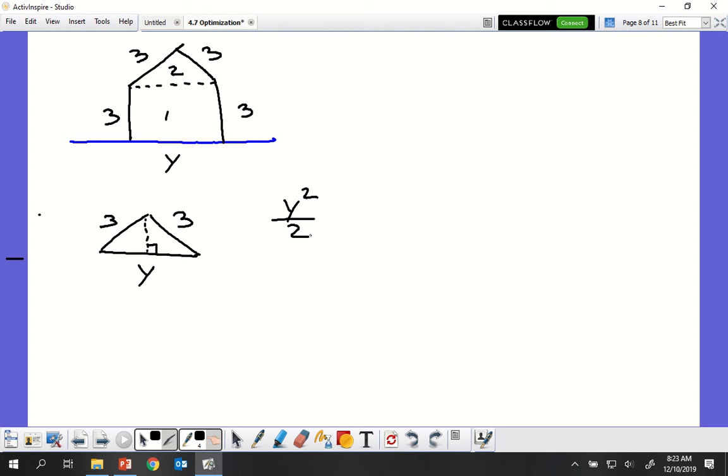Plus my height squared is equal to 3 squared.